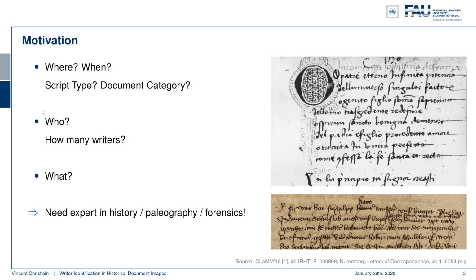What script type was it written in? Which document category is it? Is it a notary charter or just a letter? How many writers wrote a document or a piece of a manuscript? And of course, what is written as well. Here we typically rely on paleographers or experts in forensics or history.